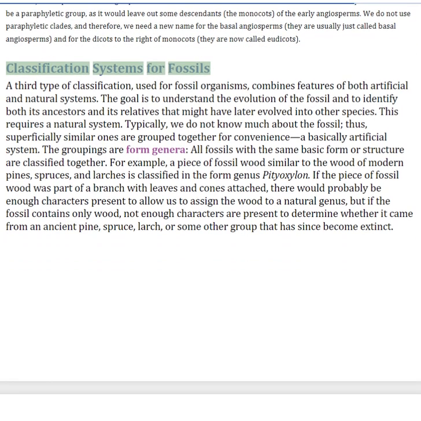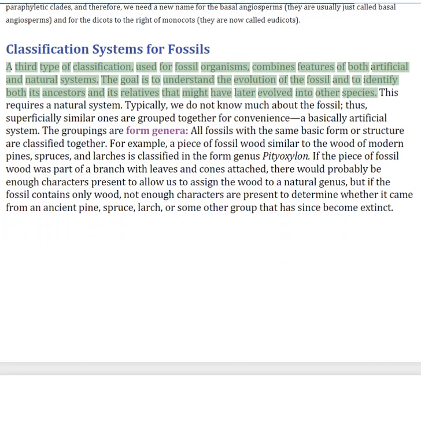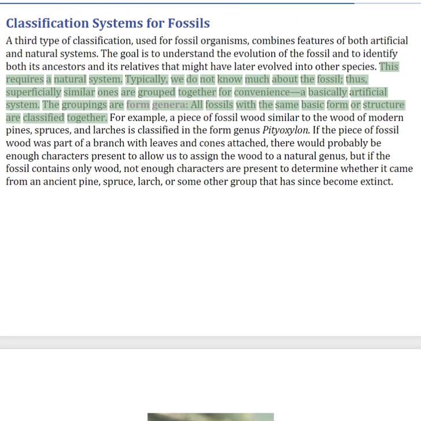Classification systems for fossils. A third type of classification, used for fossil organisms, combines features of both artificial and natural systems. The goal is to understand the evolution of the fossil and to identify both its ancestors and its relatives that might have later evolved into other species. This requires a natural system. Typically, we do not know much about the fossil.